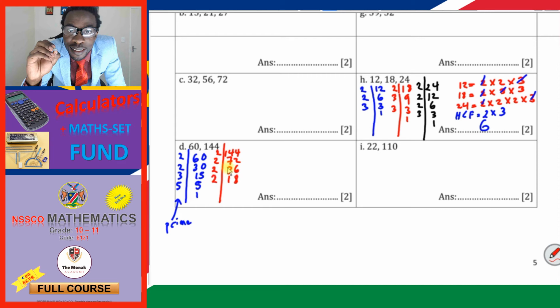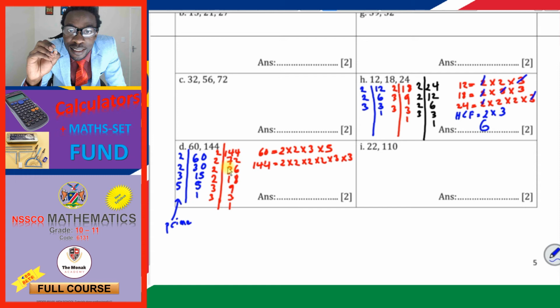We get 18. We try 2 again. We get 9. We try 3, we get 3. We try 3 again, we get 1. So once you reach 1, then you know you're done. So 60 can be written as 2 times 2 times 3 times 5. And 144 can be written as 2 times 2 times 2 times 2 times 3 times 3.